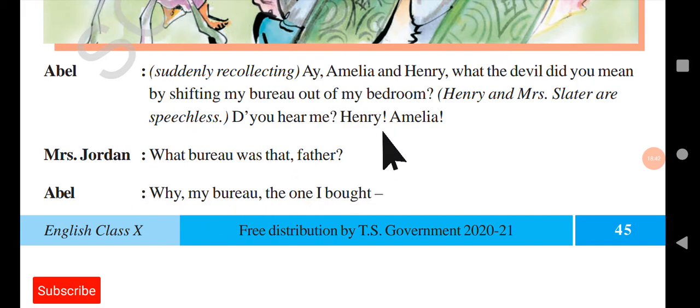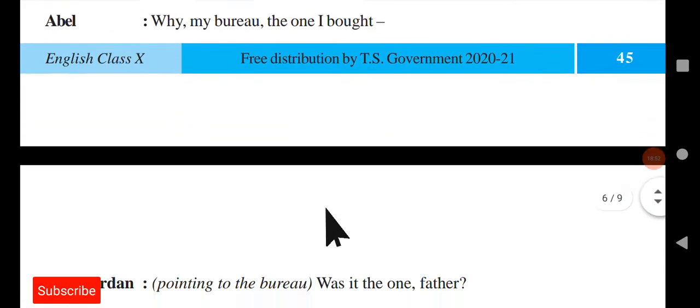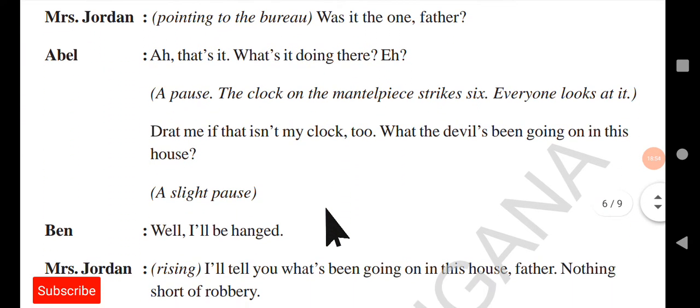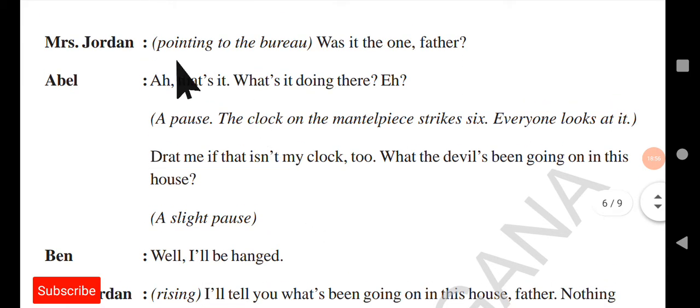Abel: "The one which is right in front of my eyes." Jordan, pointing to the bureau: "Was it the one, father?" Abel: "Yeah, that is it. What's it doing here? Huh?"